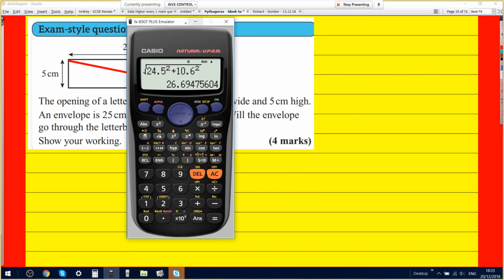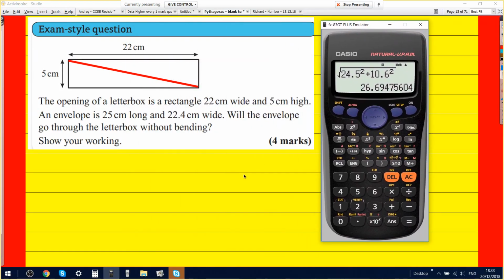So what would I put in my calculator for this question? Wouldn't it be the little V thing, square root, I think. Yeah. That's 22 and 5, and they're both squared. 22 squared plus 5 squared, all in a square root.